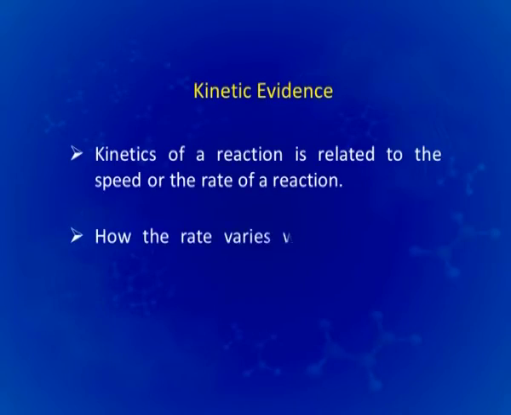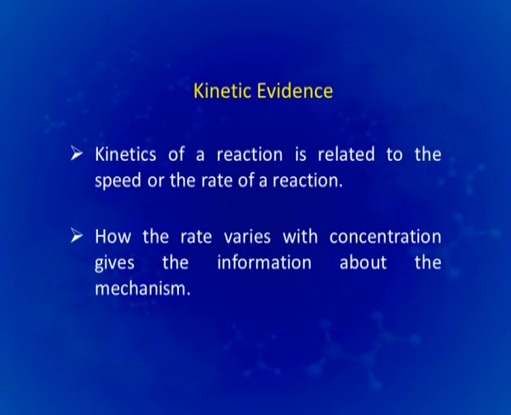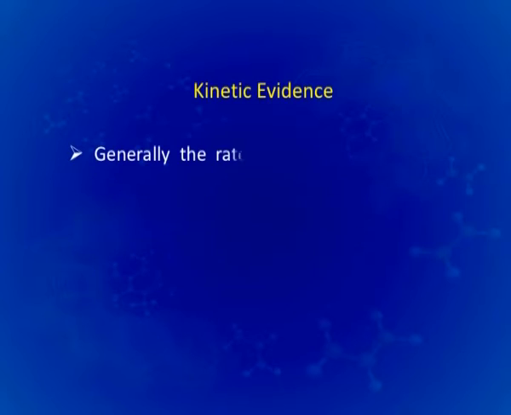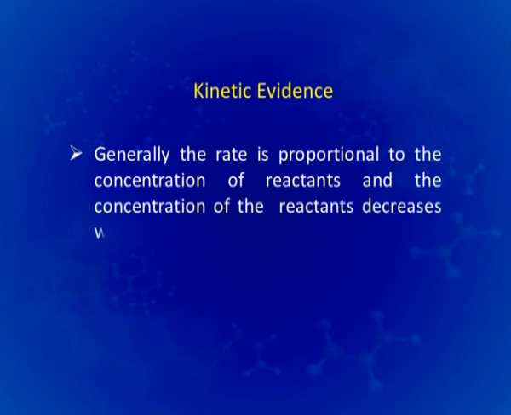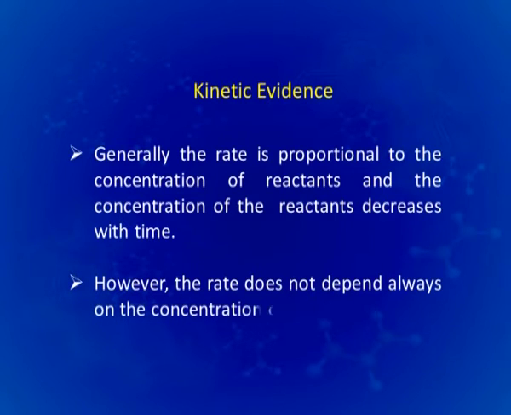And you would know it very well that with time the concentration of reactants keeps decreasing and the concentration of products obviously will keep increasing. How the rate varies with the concentration gives the information about the mechanism. Generally, the rate is proportional to the concentration of reactants, and the concentration of the reactants decreases with time, as we have said. However, the rate does not depend always on the concentration of all the reactants.